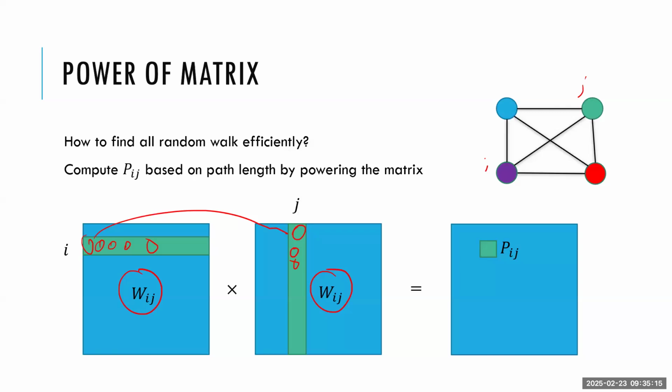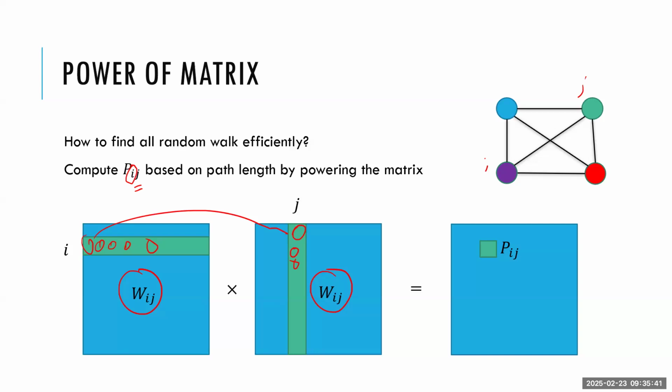Once you compute the probability of ij, you can look at which j has the highest probability. If you start with i and i is unlabeled, you look at all the j that are labeled and take the one with the highest probability.